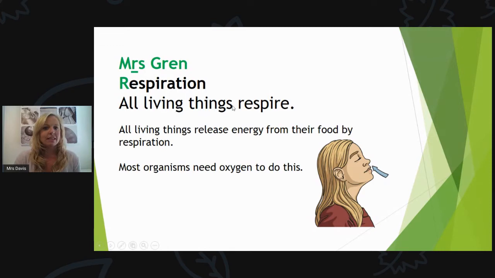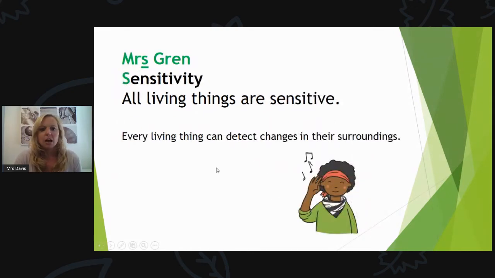Respiration: all living things respire. All living things release energy from their food by respiration. Most organisms, so basically living things, need oxygen to do this. Plants don't though, sorry. Plants need carbon dioxide.